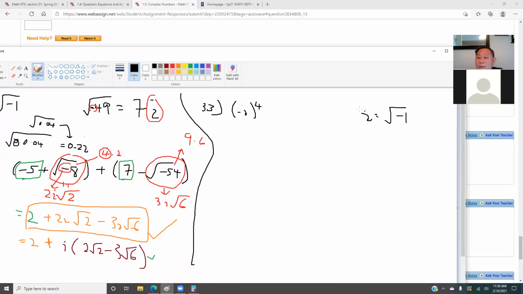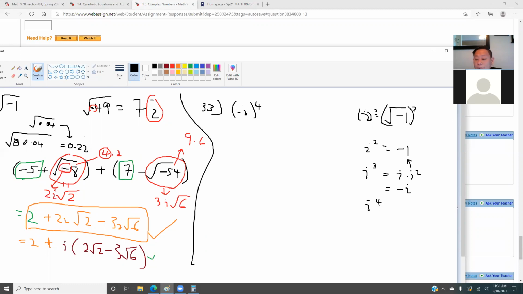When you square both sides, you will get i squared, and the square and square root cancel, so you get negative 1. And then i cubed is i times i squared, and because i squared is negative 1, this is negative i.